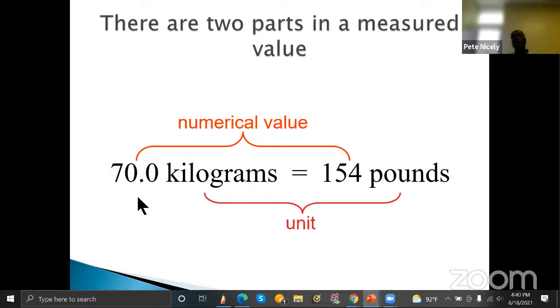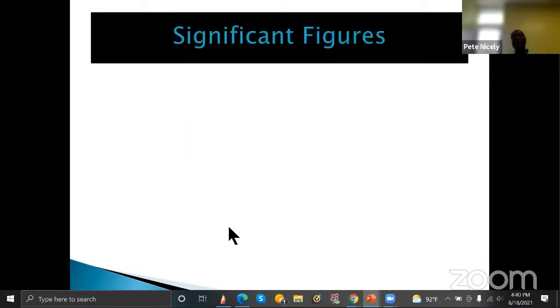So as you can see here, we have two examples being illustrated. 70.0 kilograms turns out to be equal to 154 pounds, right? So the numbers are different, and that's because the units are different in this particular case, all right? Now, one of the things that is consistently true about taking any measured value is that there's a certain level of uncertainty associated with taking that measurement, all right?